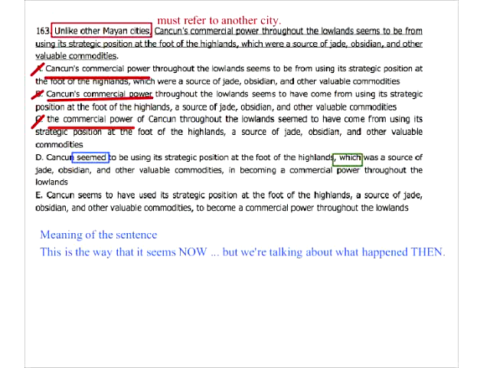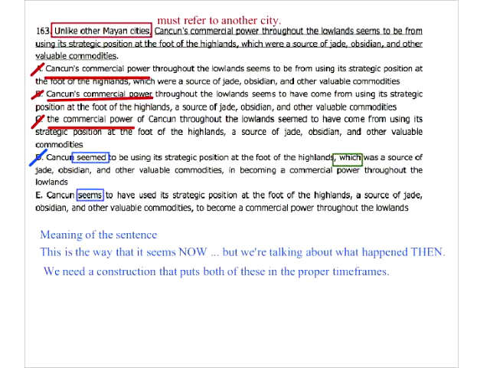We need a construction that recognizes both of these things and puts both of these in the proper time frames. So let's look at what's in the sentence. Seemed is incorrect because it's not how it seemed back then. It's how it seems to us now.